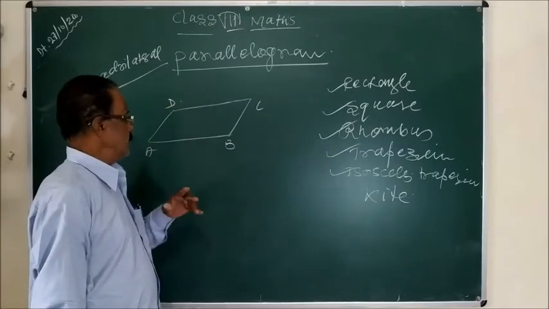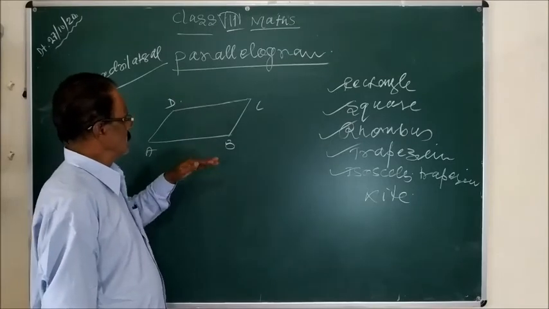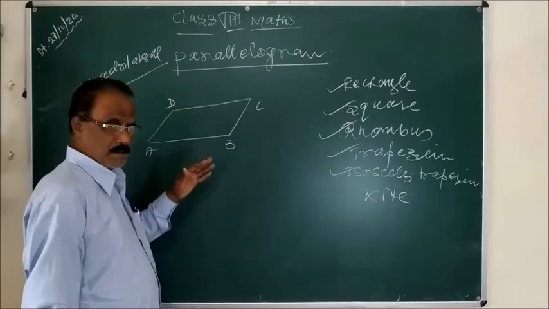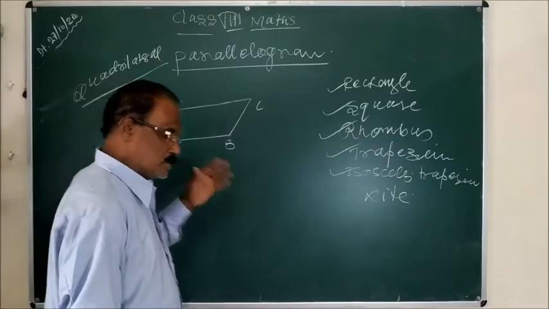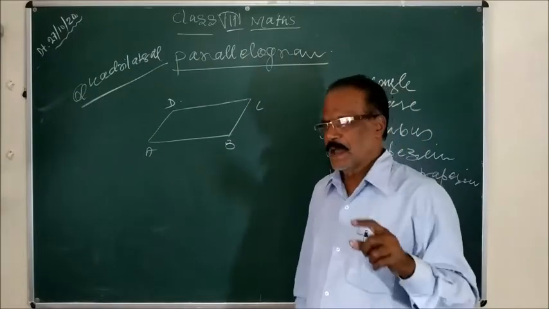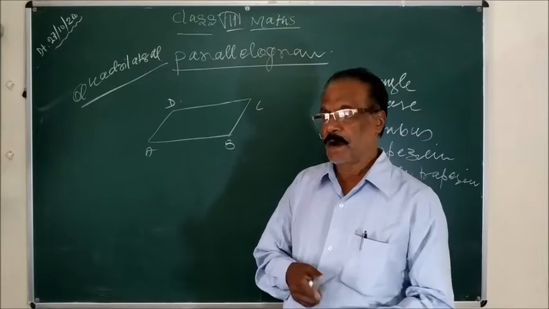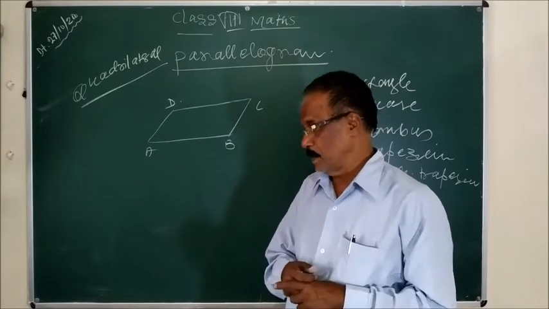Here I would like to make it clear, if both pairs of opposite sides are equal, then automatically the opposite sides will be parallel. And if opposite sides are parallel, they will automatically be equal.